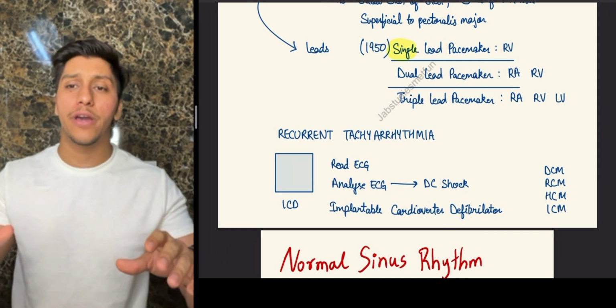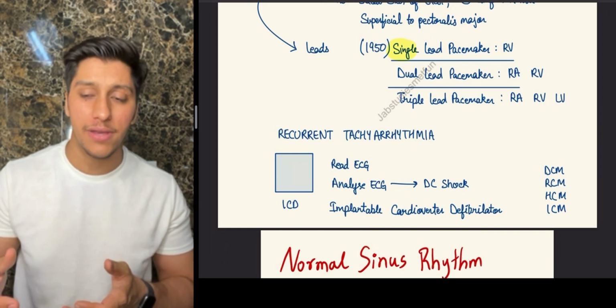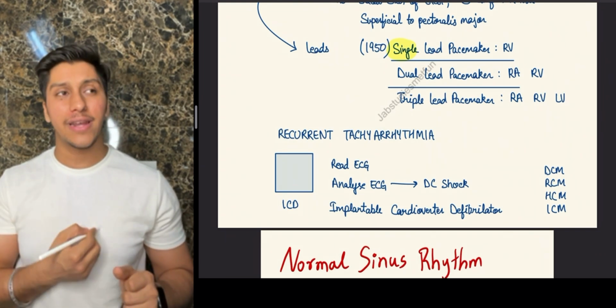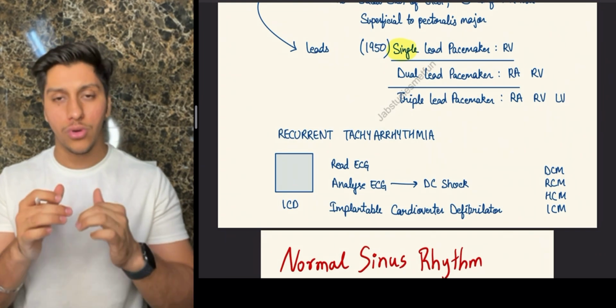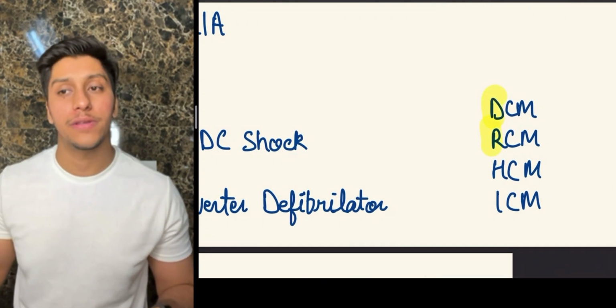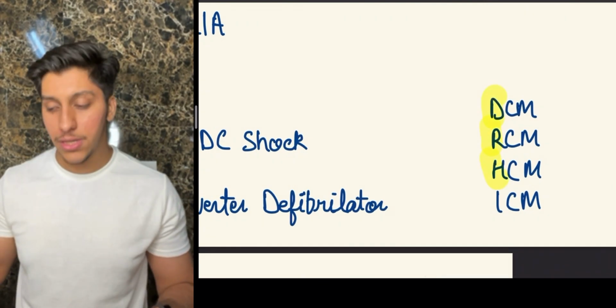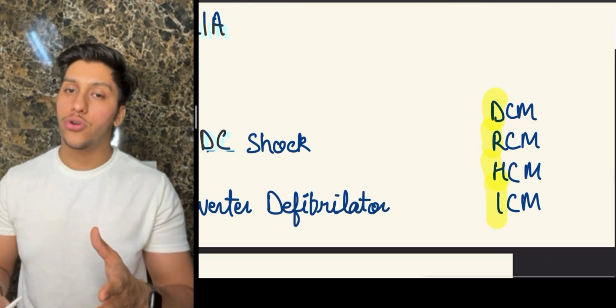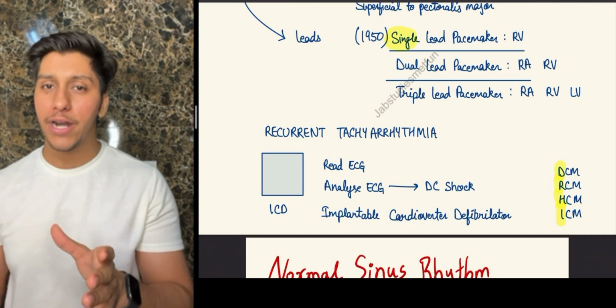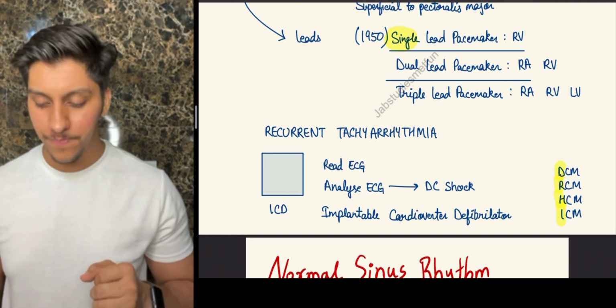All types of cardiomyopathies in which you are having recurrent tachyarrhythmias, you will use it. It's basically like a short DC shock. All of a sudden it analyzes there is a tachyarrhythmia in the heart, it gives a shock to control it down. Conditions like dilated cardiomyopathy, restrictive cardiomyopathy, hypertrophic cardiomyopathy, and ischemic cardiomyopathy, you are going to give an ICD. Remember what is the full form of ICD? It is implantable cardioverter defibrillator.